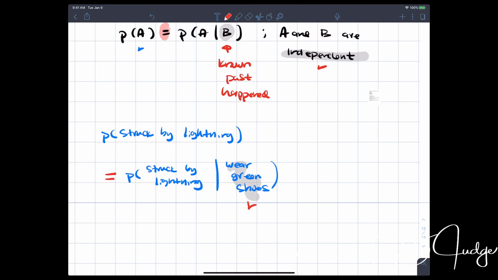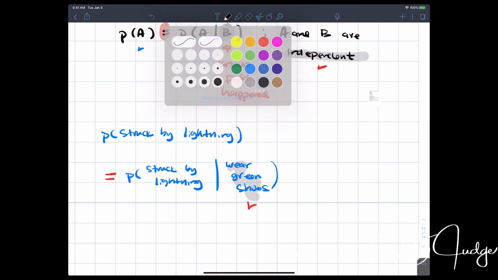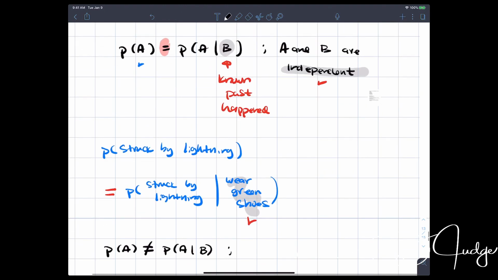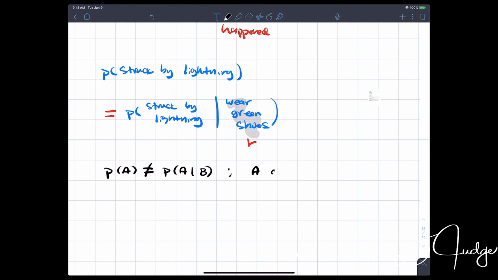Now, if it does change your probability, let me write this down so you guys know. The probability of A versus the probability of A given B. If it changes, meaning it's not the same, if it's greater or less in terms of likelihood, we say A and B are dependent events.